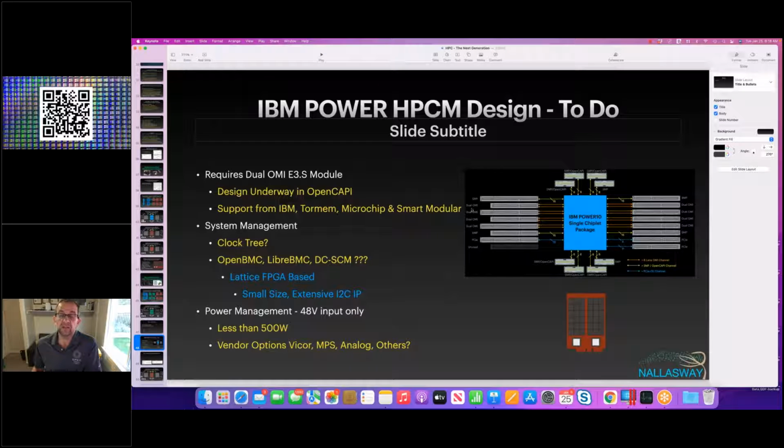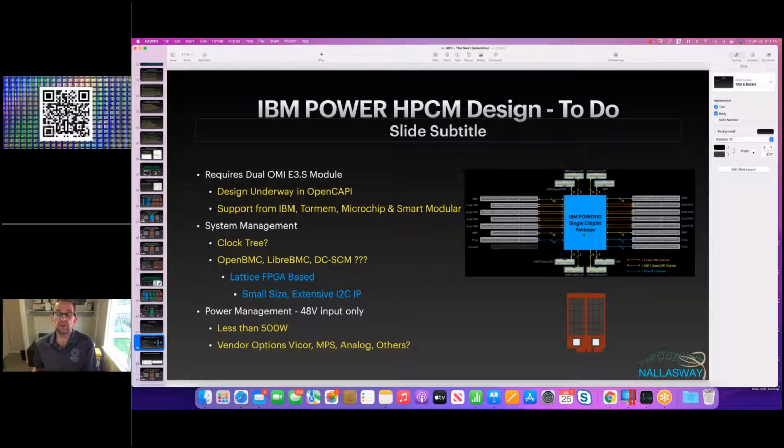Then it has OMI as its primary memory interface, so it's a serial memory, and that's why this is a great candidate for our module, because for those of you that aren't aware, we cannot support parallel memory. We can only support processors either with HBM on board or with external memory via serial links. The Power 10 is the only production chip that I know of that supports serial memory.